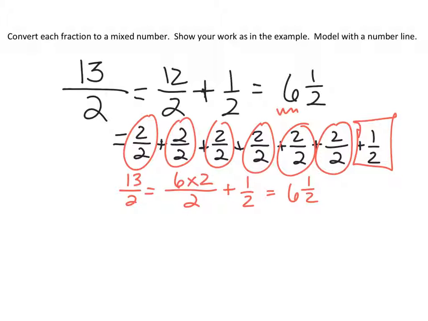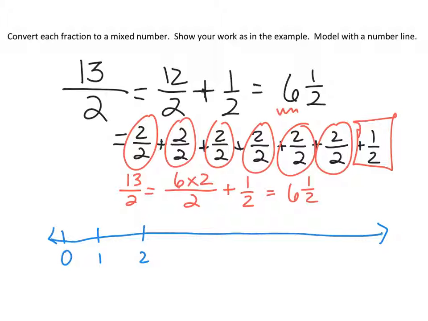Now what would this look like as a number line? Well, on a number line, we are going to start with 0, and we're going to have 1, 2, 3, 4, 5, 6, and 7.